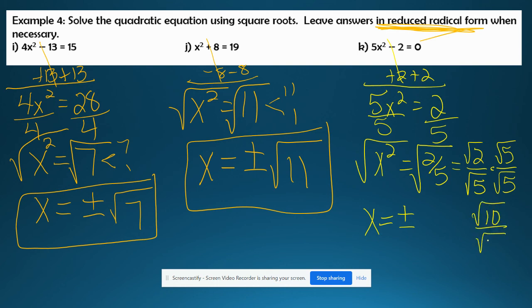On the bottom, 5 times 5 is 25. I can't take the square root of 10, and I can't reduce it, but the square root of 25 on the bottom is 5. Remember, I'm not allowed to reduce the 10 and the 5 because the 10 is under a square root and the 5 is not. And so that is going to be our simplest answer.